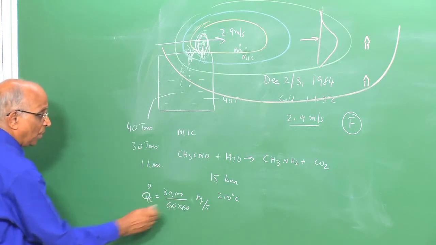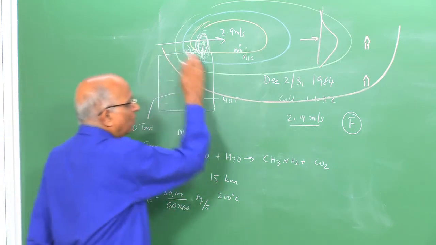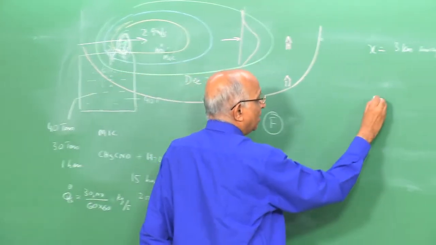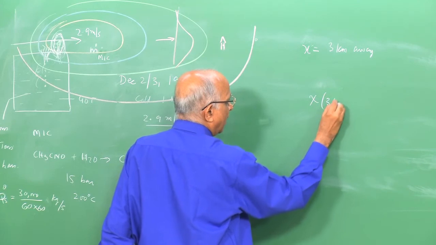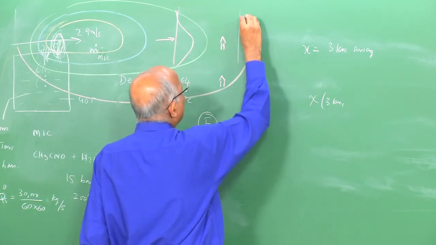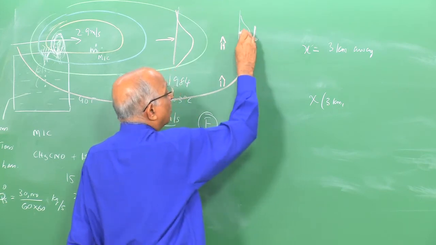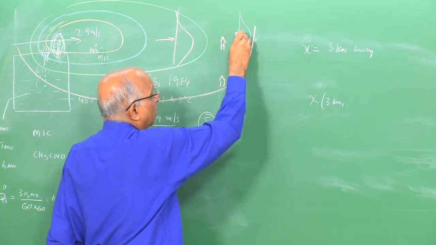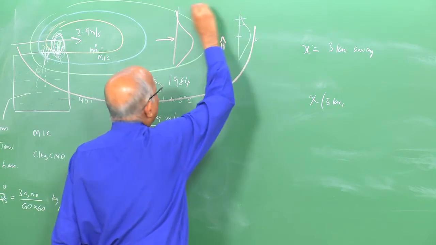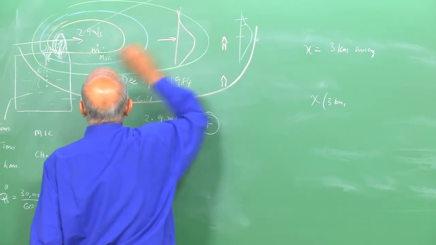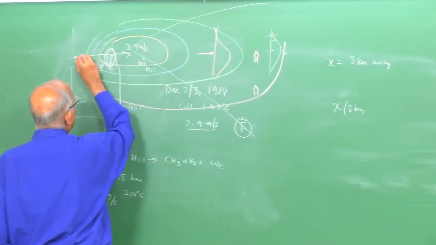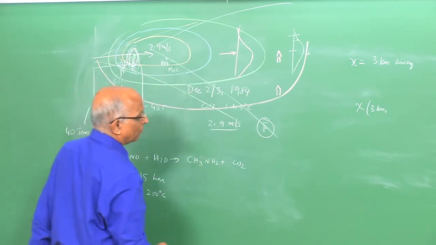I know the value of Q dot S, and I want to calculate the concentration at a distance, let us say 3 kilometers away. Therefore, let us calculate the mean value, because once I know the mean value, I can always apply e to the power minus y squared divided by 2 sigma y squared. I can calculate the concentration at this y, and find out the region in which the people got affected.